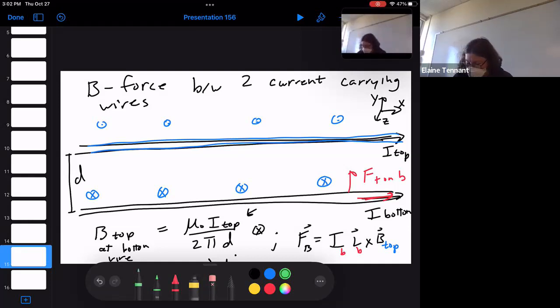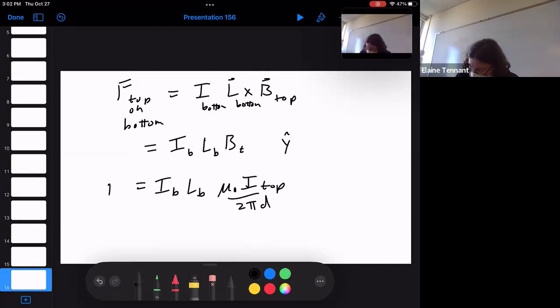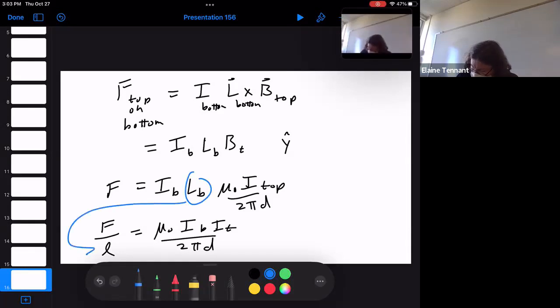So you just designate some unit length, like L, and so you say the force per unit length L equals mu naught I bottom I top over 2 pi d, where you just took this length and divided both sides. Okay, does this make sense so far?